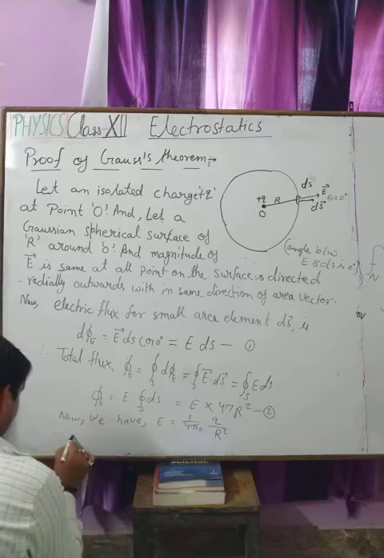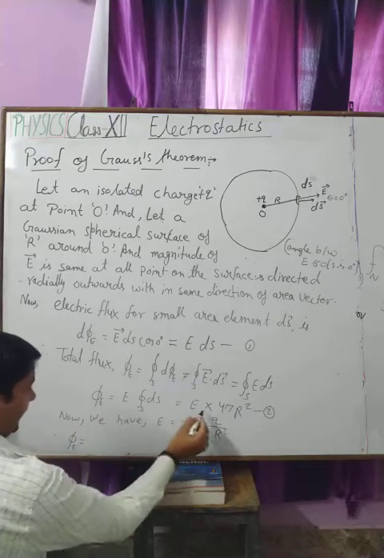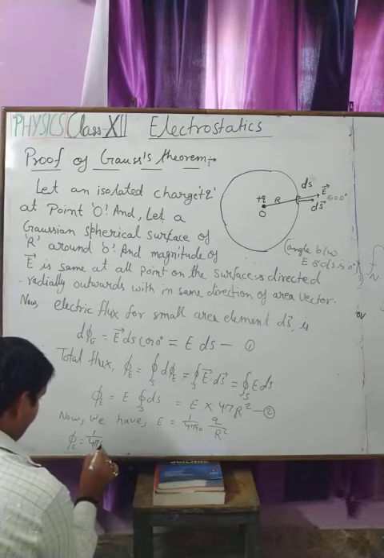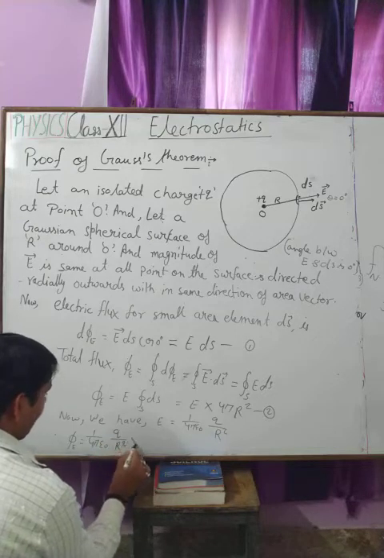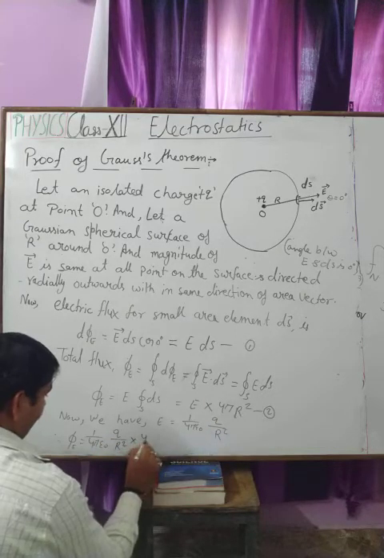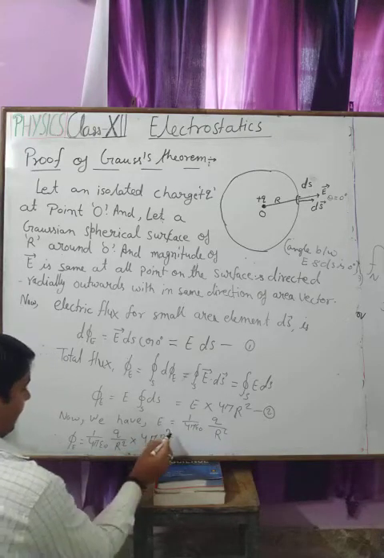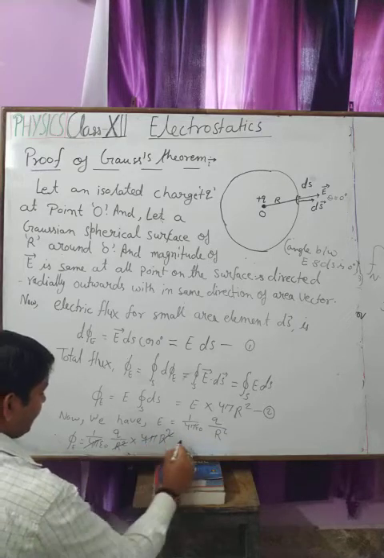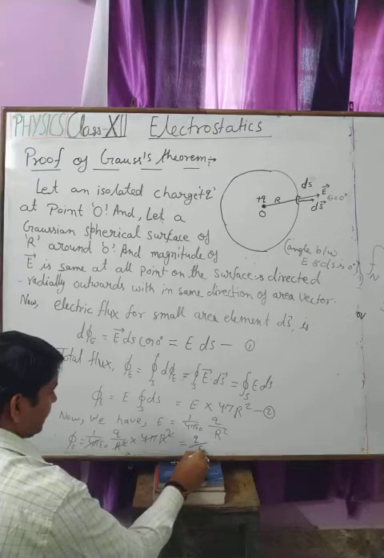Therefore φE is equal to, in place of E, putting 1 upon 4π epsilon naught q upon r square, times 4πr². The 4π cancels and the r square cancels, and we get q upon epsilon naught.